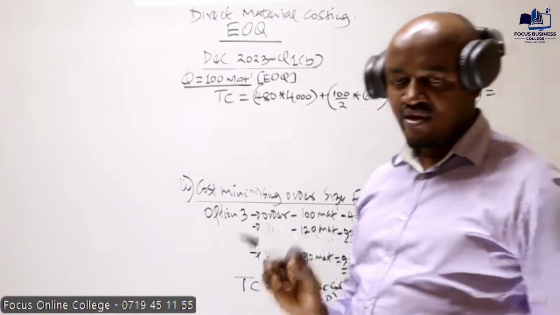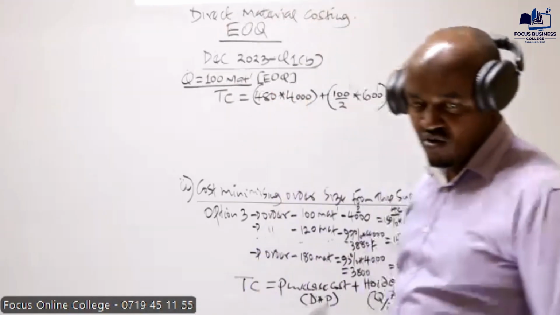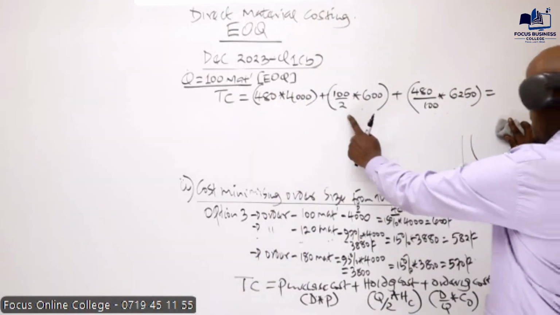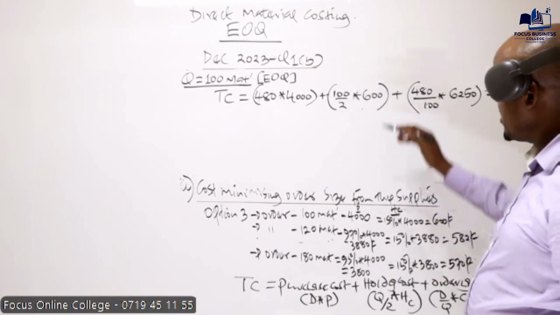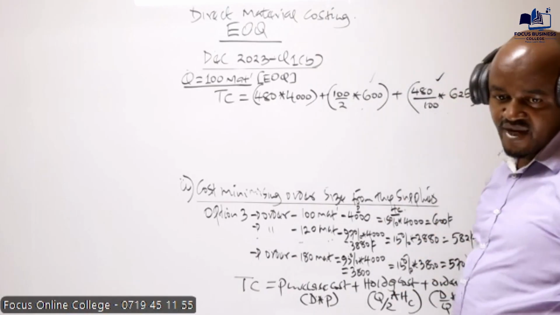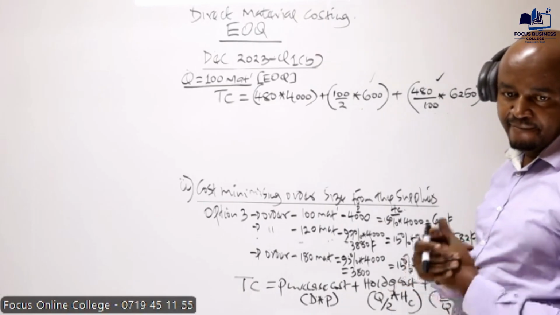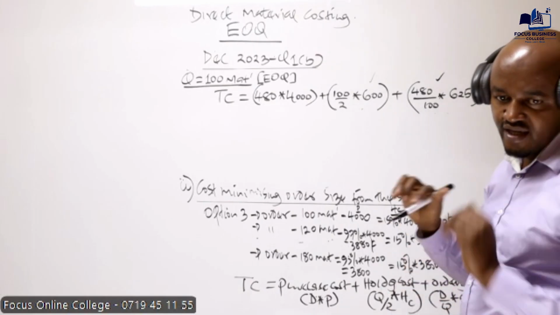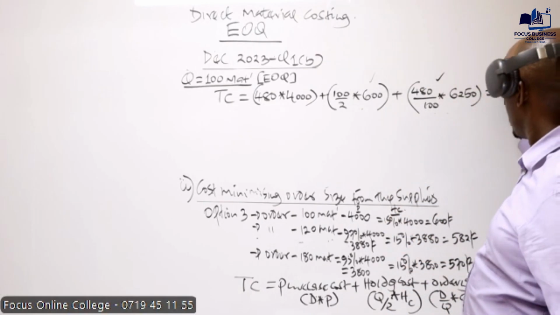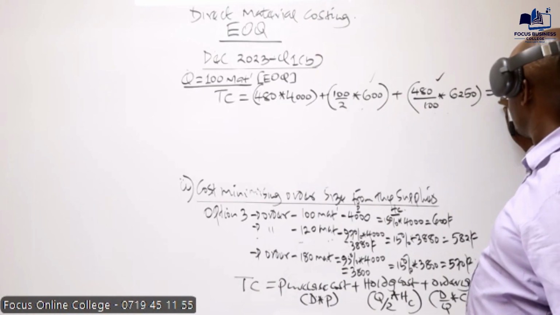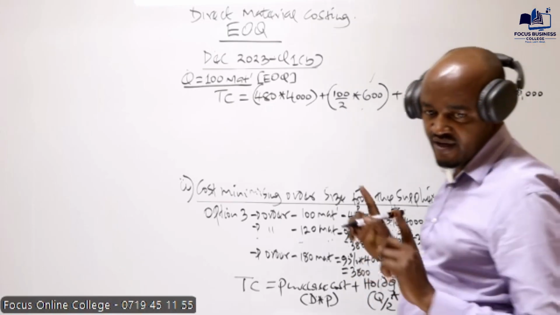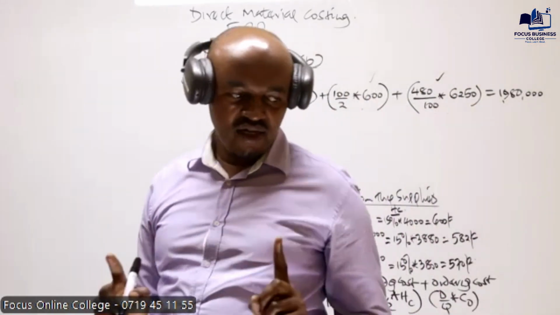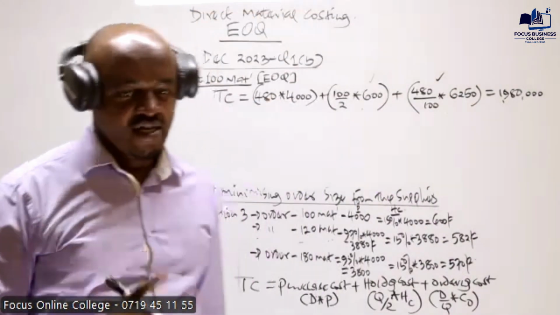So these two costs should be the same. Are you getting the same value? Yes, I'm told it's 30,000 each. At economic order quantity, those two costs are the same.